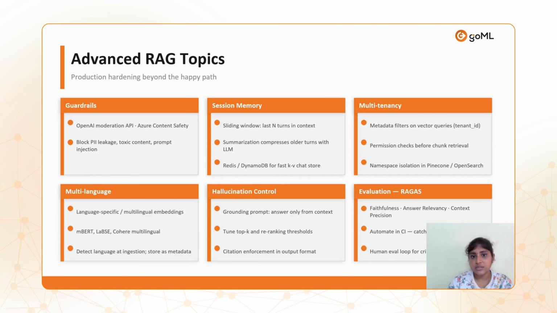Every query filters by the tenant ID at the vector search layer itself, and then the relevant chunks are retrieved from the permitted documents. This metadata filtering should not be applied after retrieving chunks, but before retrieving the chunks. So it is always wise to add permission checks before retrieval.